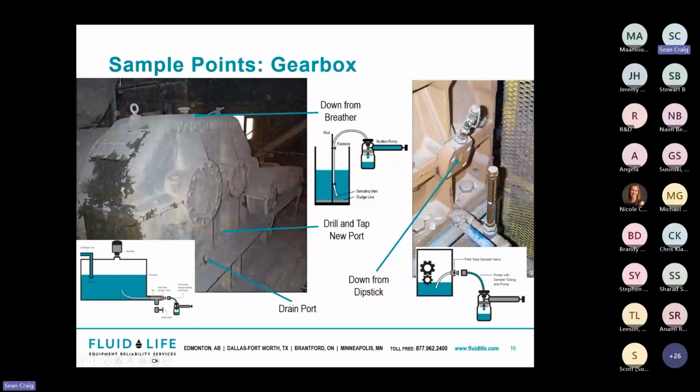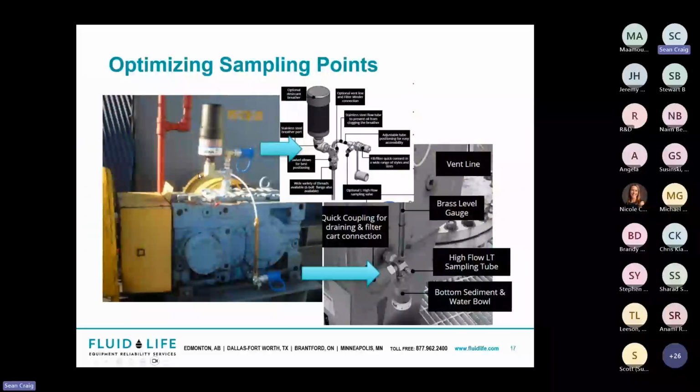You attach the pump onto that. Obviously, it's a gearbox, there's no pressure, so you need the pump to pull up that sample, but it allows you to pull an in-service live sample. But for the most part, for gearboxes, I see a lot of it sampled offline unless you have this special equipment installed.